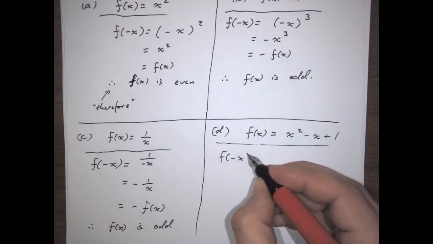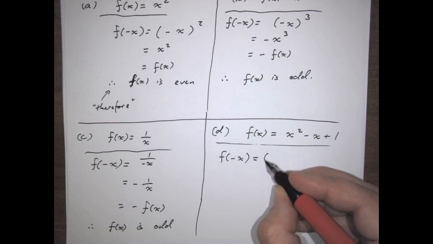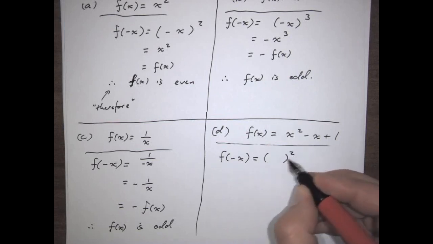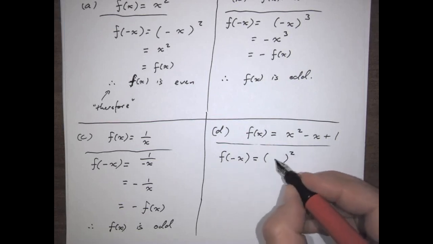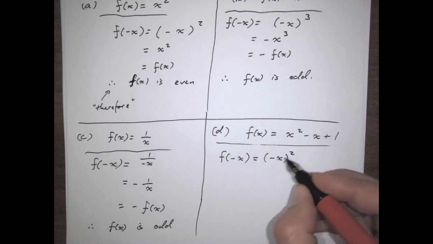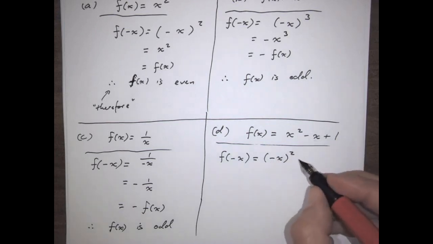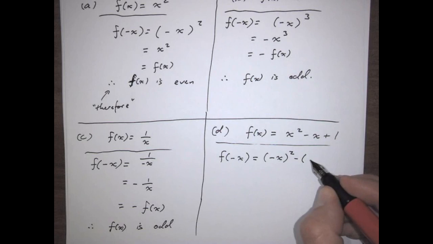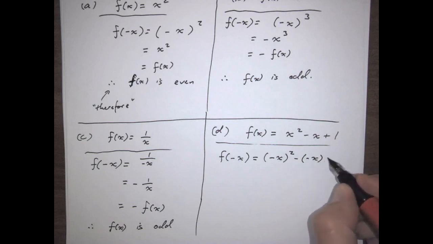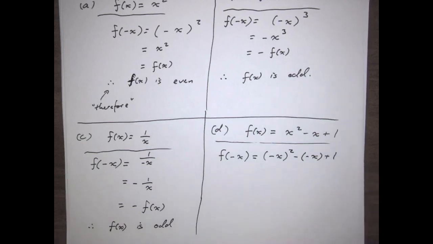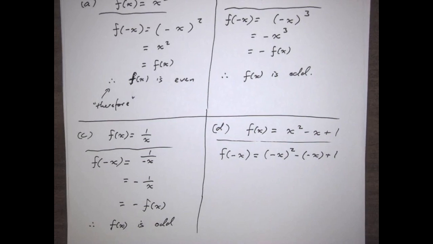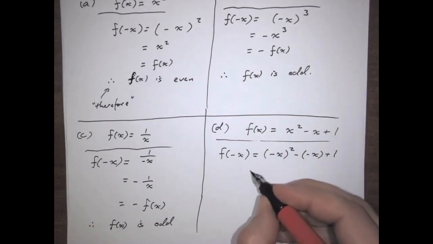You just take an x and you replace it by negative x. And so everywhere there used to be an x, there shall now be a negative x. We are careful with our parentheses whenever there's something being squared or anything else that's happening. So that's what we get if we just do a find and replace and make every x negative x.